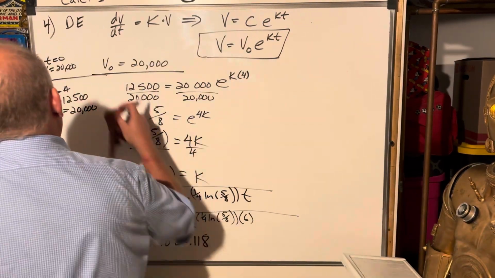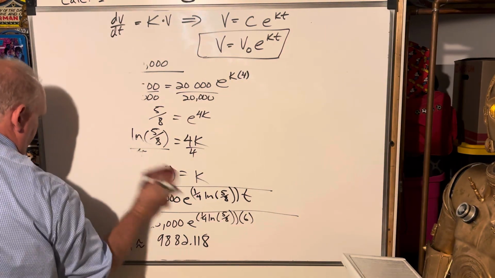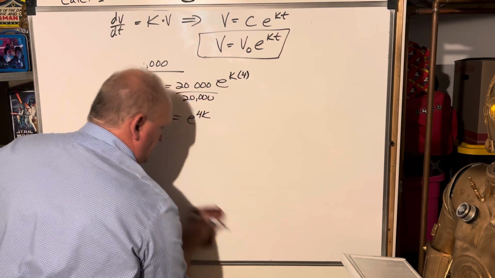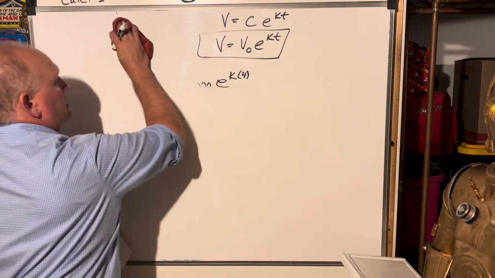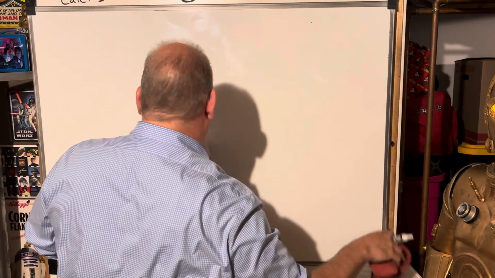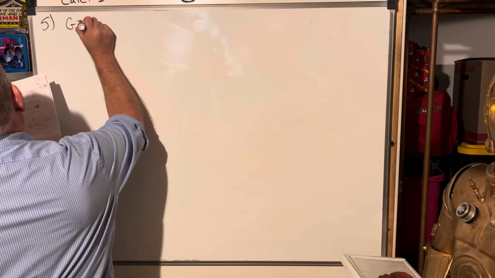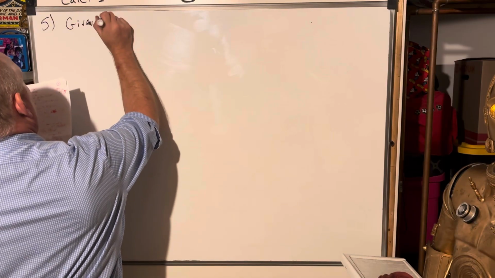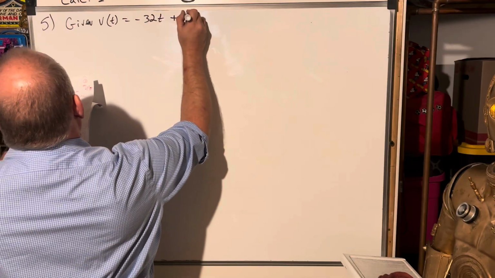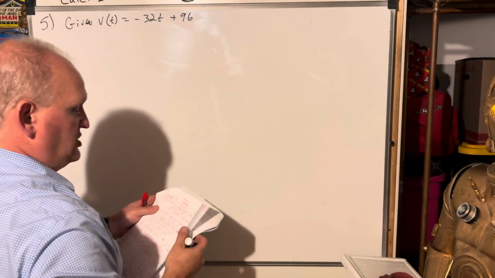So 5 is a little more familiar. An object falling on Earth falls at 32 feet per second per second. So given the velocity v of t is equal to negative 32t plus 96, find the general position.